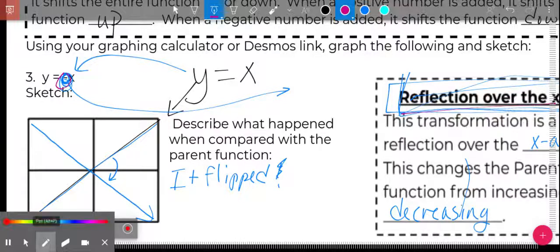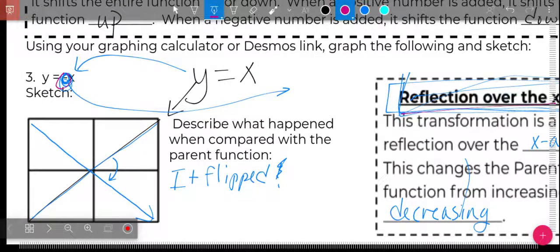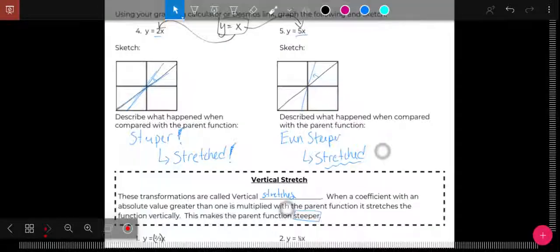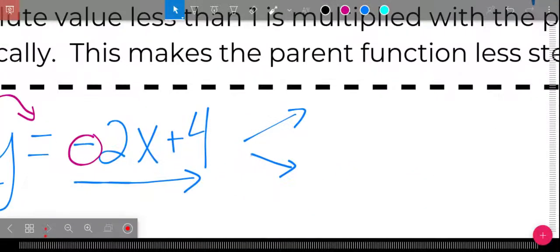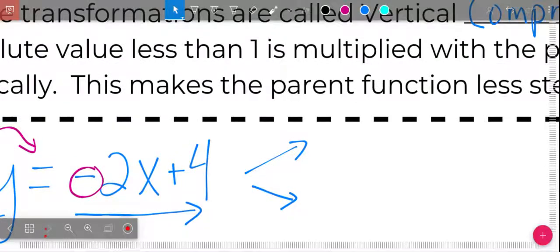So we see that there is a negative up front. The negative means it's been reflected over the x-axis.